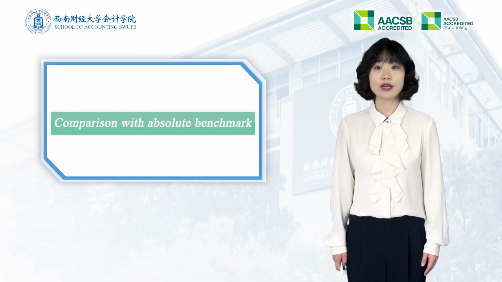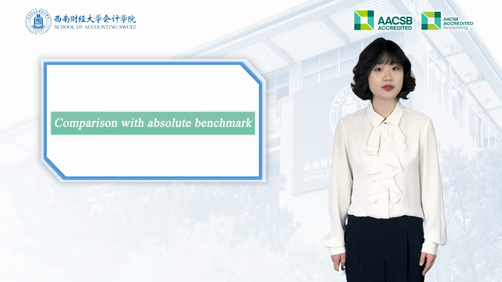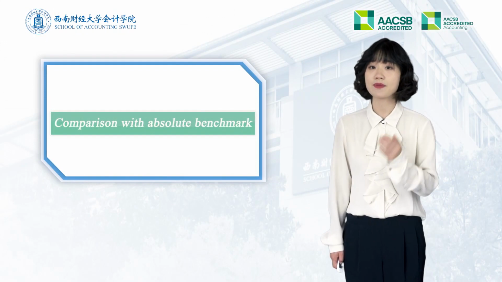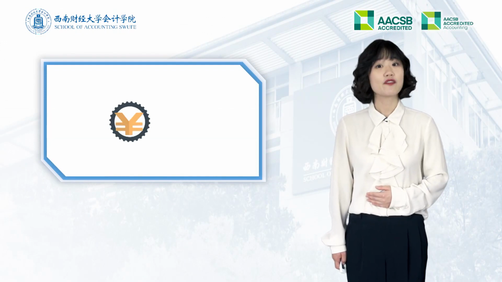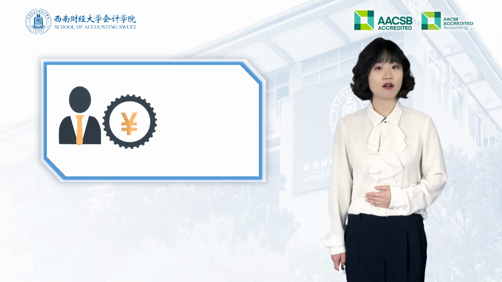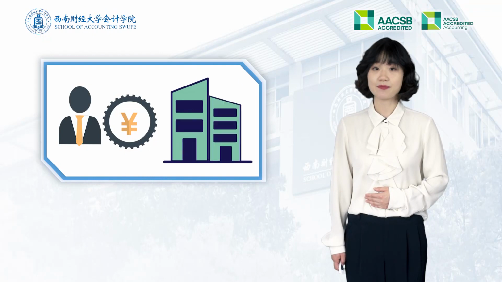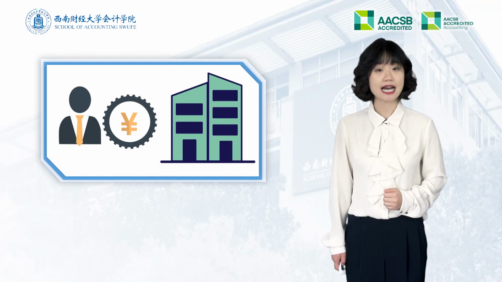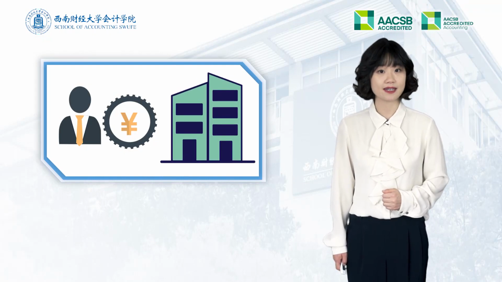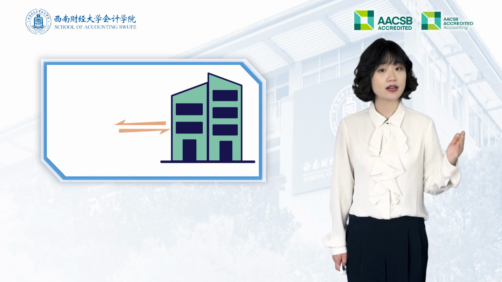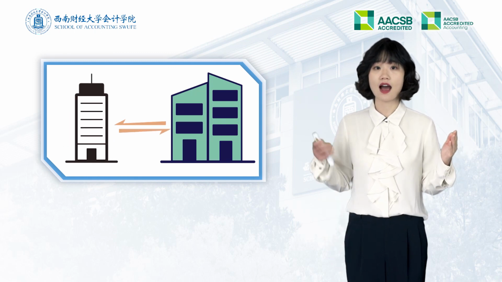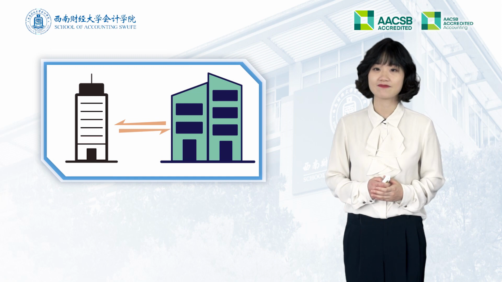In addition, we can also compare a company's ratios to some absolute benchmarks. For example, you will learn a ratio called ROE, return on equity. It measures how efficiently a company is using shareholders' money. We can compare a company's ROE with other firms in the industry.